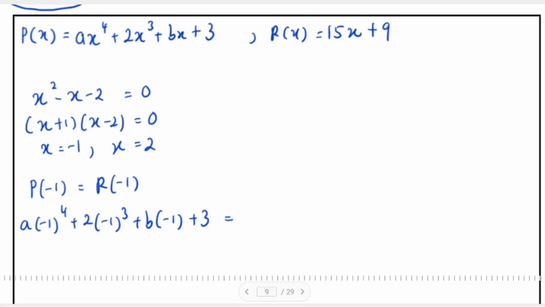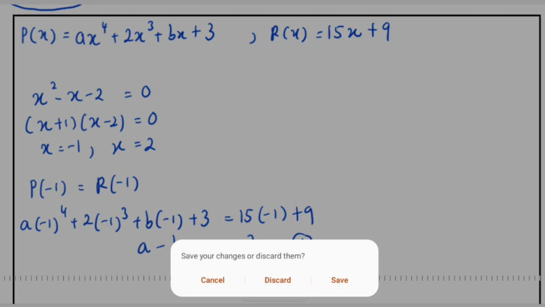And then we also need to substitute negative 1 into the remainder. So we get 15 multiplied by negative 1 plus 9. And we're down to the first equation, a minus b equal to negative 7. That is the first equation.